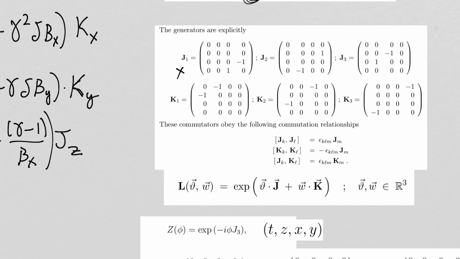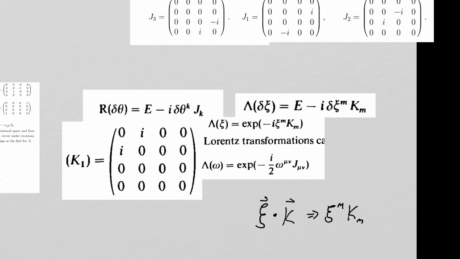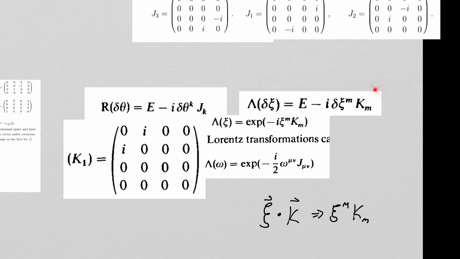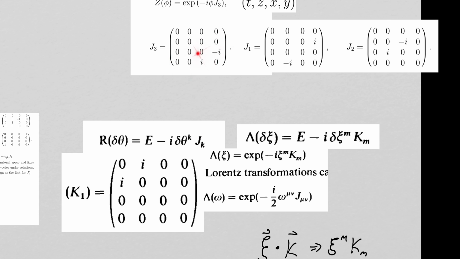So K is not Hermitian, but of course, boosts are also not eigenstates of quantum mechanical states either. We don't label states by their boost state. We label them by their angular momentum, and it turns out this one is actually Hermitian. You take the transpose conjugate, you get the same thing. So these are Hermitian.